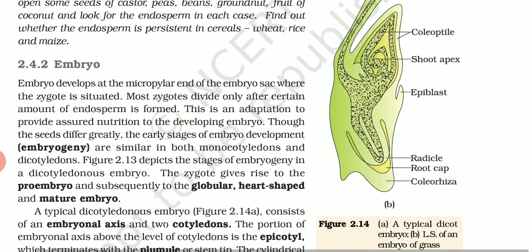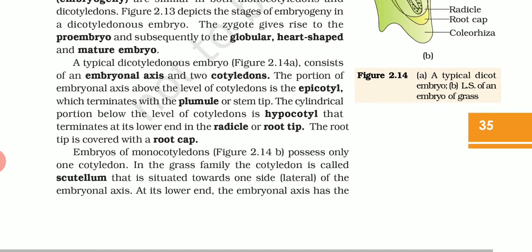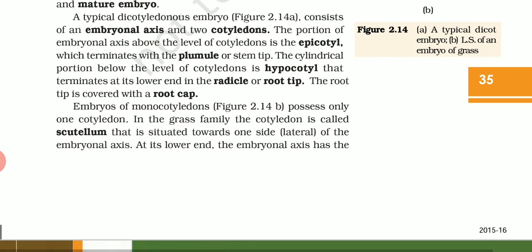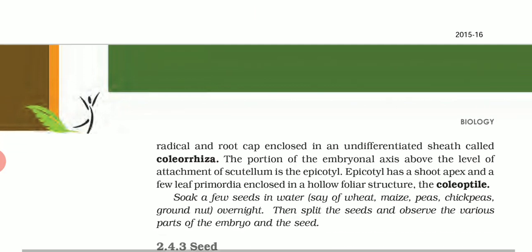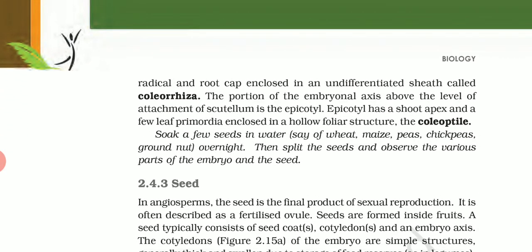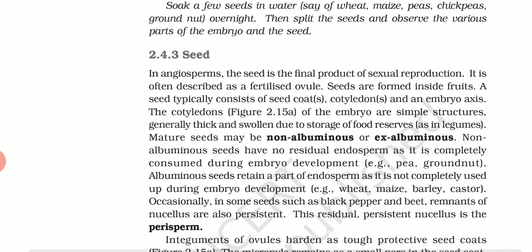So that is a very important part of the monocot embryo. So, dicot embryo and monocot embryo. The monocot embryo is usually asked in the examination, so that's a very important thing that you have to note down, right?